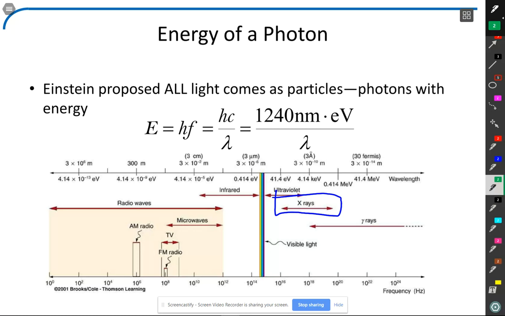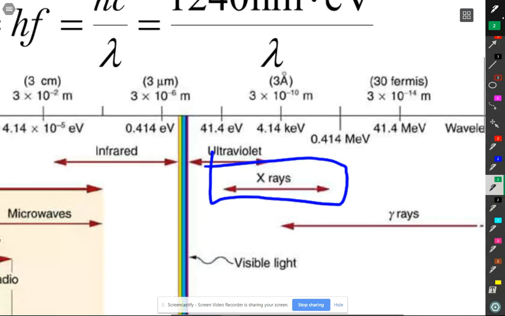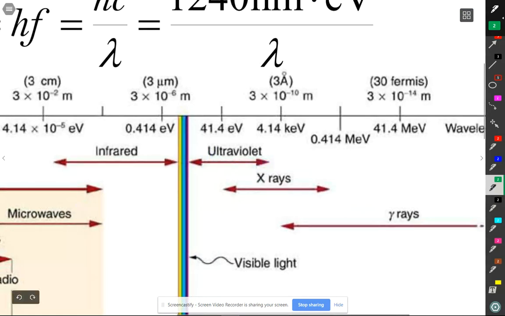Okay, so you have questions? Just out of curiosity, I see that the gamma and X-rays kind of overlap. So does it just depend on characteristics at that point, or how do you determine? Source is what I use. X-rays are from core electrons in an atom.